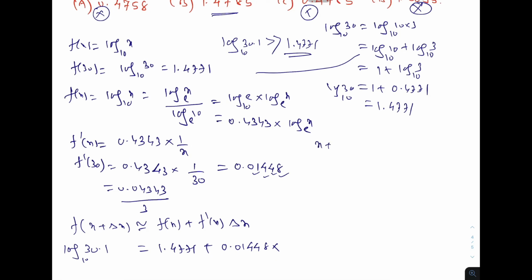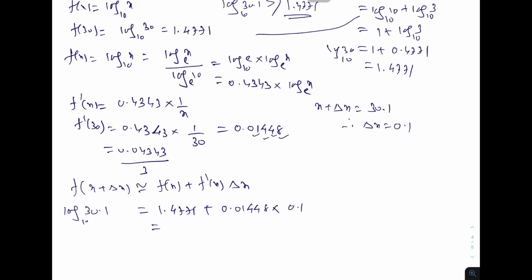What is delta x? x plus delta x is 30.1, so delta x is 0.1, and so this is nothing but 1.4771 plus 0.001448, and you can just see the answer 1.47, then 7 plus 1 is 8, and then 1 plus 4 is 5.